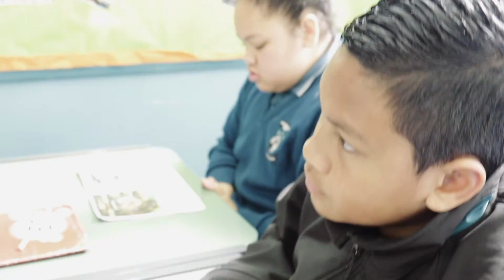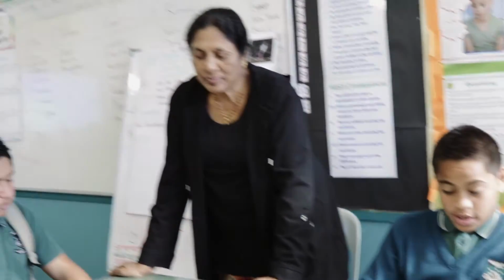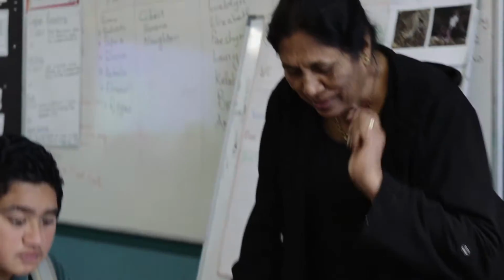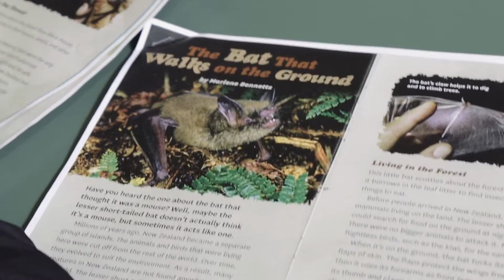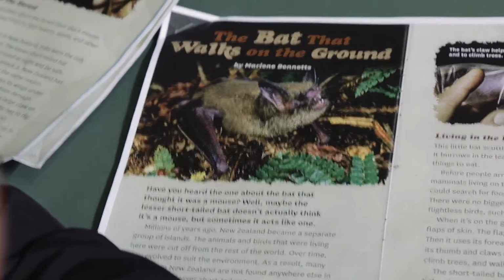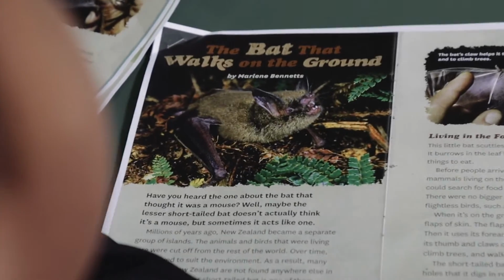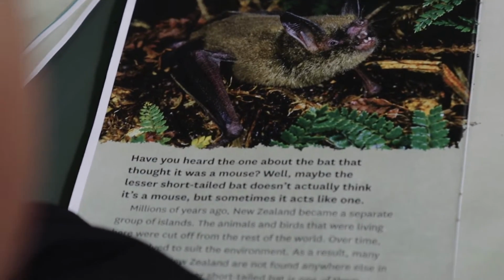Again, come back to the title. Right. Read the last line. There's a short-tailed bat is one of them. Right. So this paragraph links with the picture and the main idea. Because of separation, this is the only place in the world that this lesser short-tailed bat is found. Right. Come here, class. Come here.